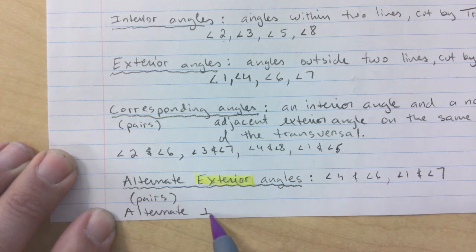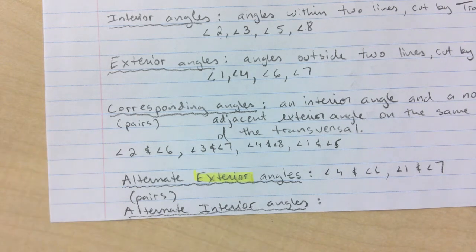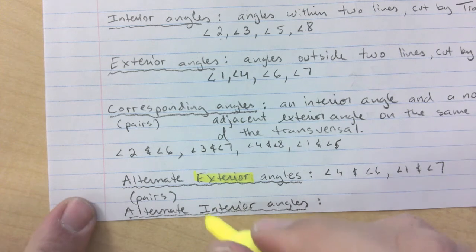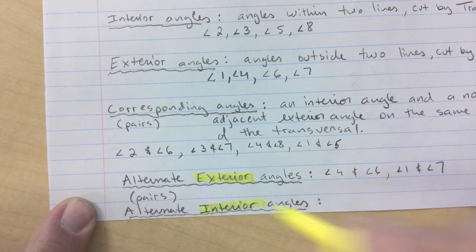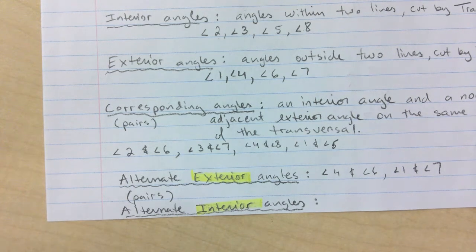Alternate interior. Alternate interior work the same way as the alternate exterior, except this is telling you that you have to pick from the inside between the two lines.